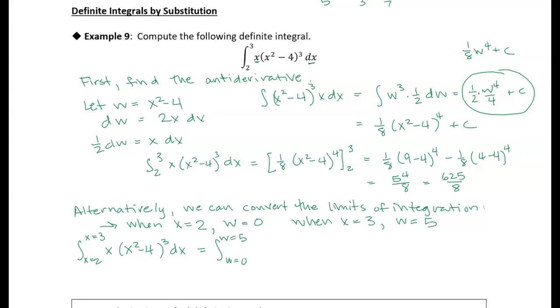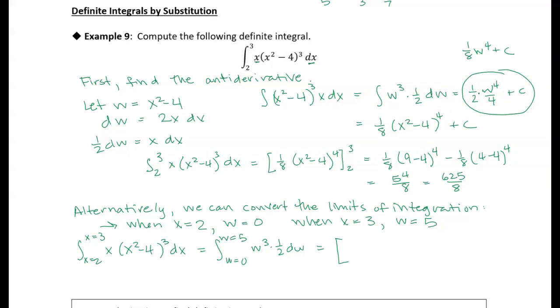Then we can just integrate the integral in terms of w: w cubed times 1/2 dw. So we can evaluate it straight away without having to go back and forth to x.